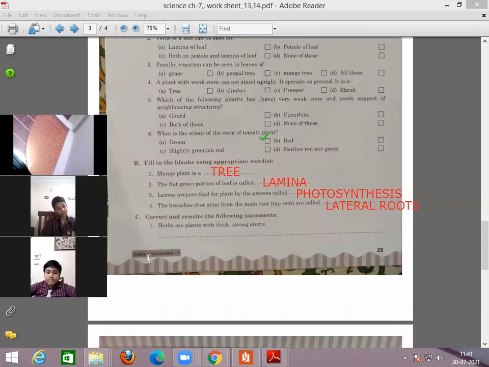Ma'am, can I tell the answer? Yes. After that, let's continue with the C part. Correct and rewrite the following statements. Herbs are plants with thick and strong stem. Yes, tell me. Ma'am, the answer will be trees are plants with thick, strong stem. Okay. So this is the word which is wrong. So instead of this word, you can write down trees.